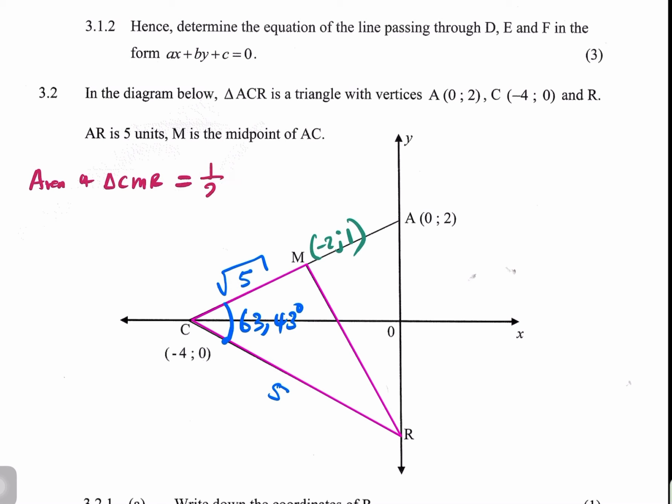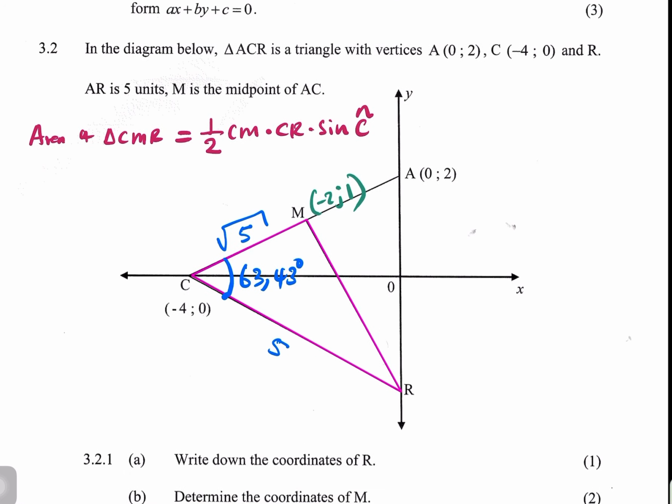Remember, this one is not a right-angled triangle, so it's going to be half the two sides, CM multiplied by CR, multiplied by the sine of the included angle, which is angle C. Now you just need to substitute your results. You get 1 over 2, CM is root 5, multiplied by CR, which is 5, multiplied by the sine of the angle there, 63.43.